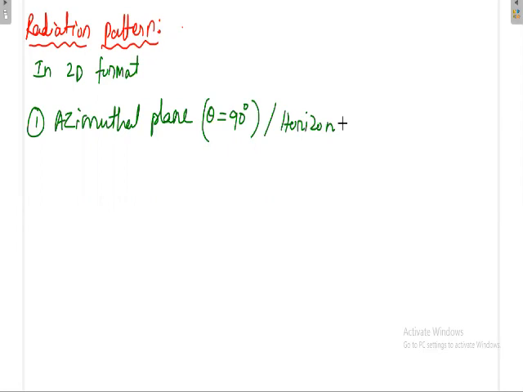Already r is constant when we discuss the radiation pattern. So when you draw the field pattern in the azimuthal plane, where theta is constant, it is always a function of phi.